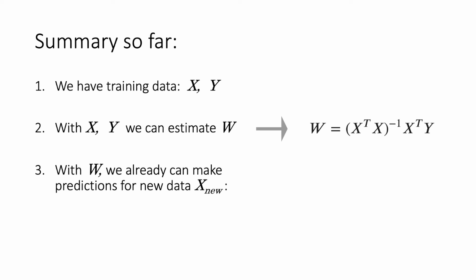With W, we can already make predictions for new data. For example, if we get new input variables with an unknown output Y new, we just need to multiply the input variables by W, and we get the output predictions.